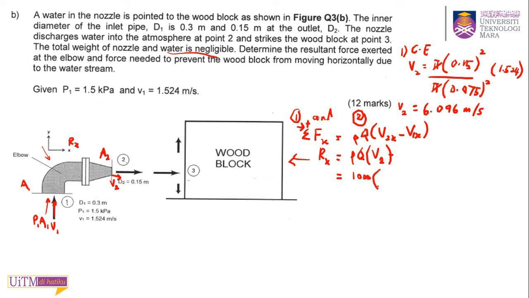and the Q, did they give the Q? No, so you have to find the Q lah from the continuity equation. So Q equals A1 times V1, A1 is pi times 0.15 squared, times 1.524. Berapa nilai Q?